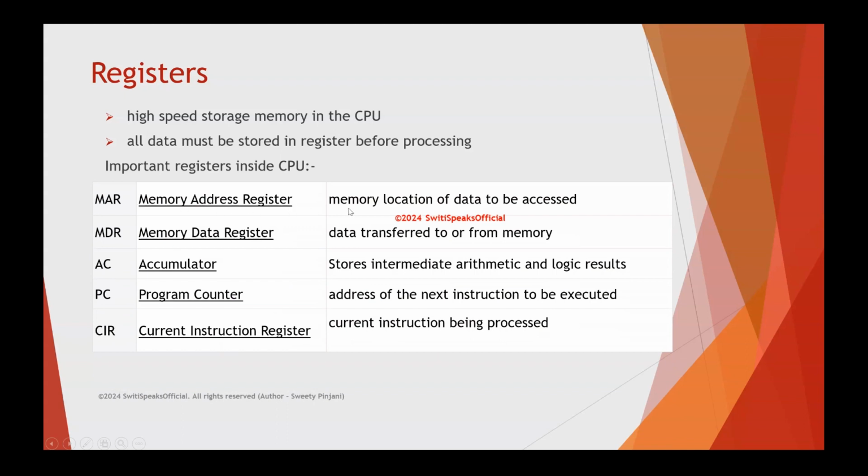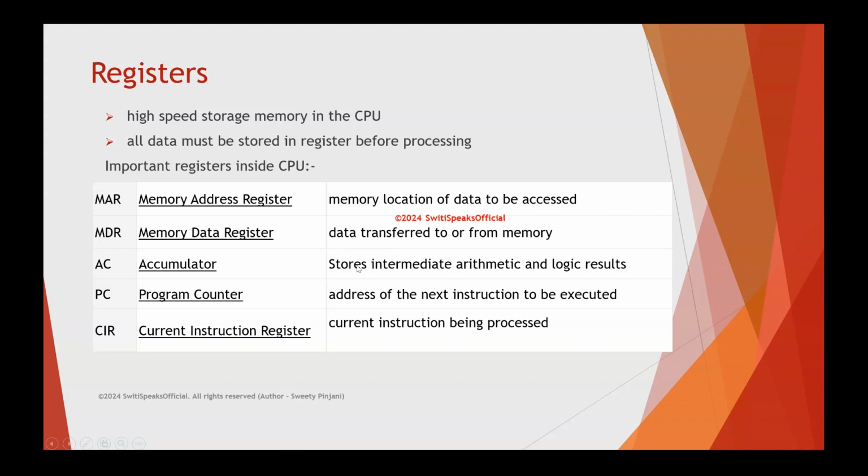It contains the memory location of the data which you want to access. Then we have MDR, the memory data register. Whatever data needs to be transferred to or from the memory is held by the memory data register.